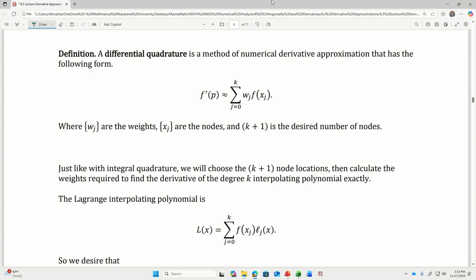So you get to choose the k+1 node locations. And then we're going to calculate what weights are required to find the derivative of the degree k interpolating polynomial exactly. Same kind of setup.